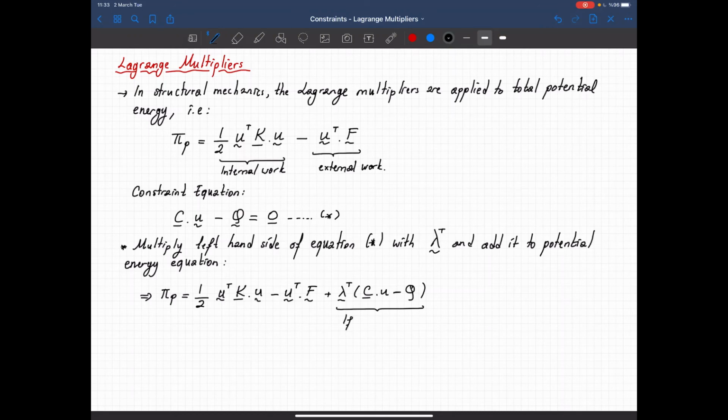So if the constraint condition is satisfied, this equation will be equal to 0, and we don't add any additional energy to the system.